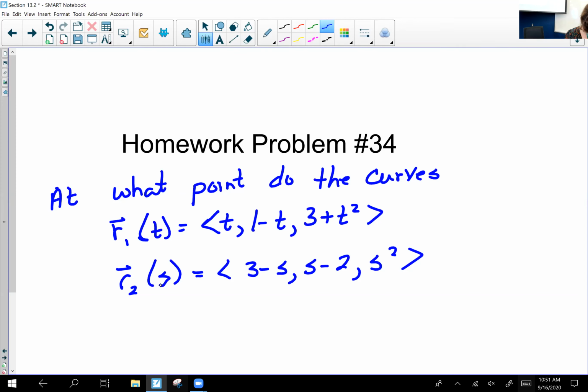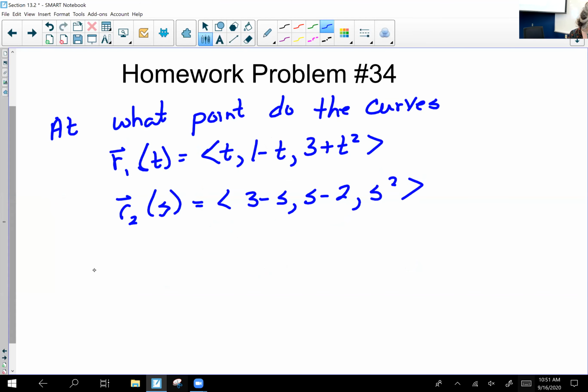All right, so we have two curves going on. We want to find out, do they intersect? That's the first part of the question you're going to have to do. And the second one is find their angle of intersection.